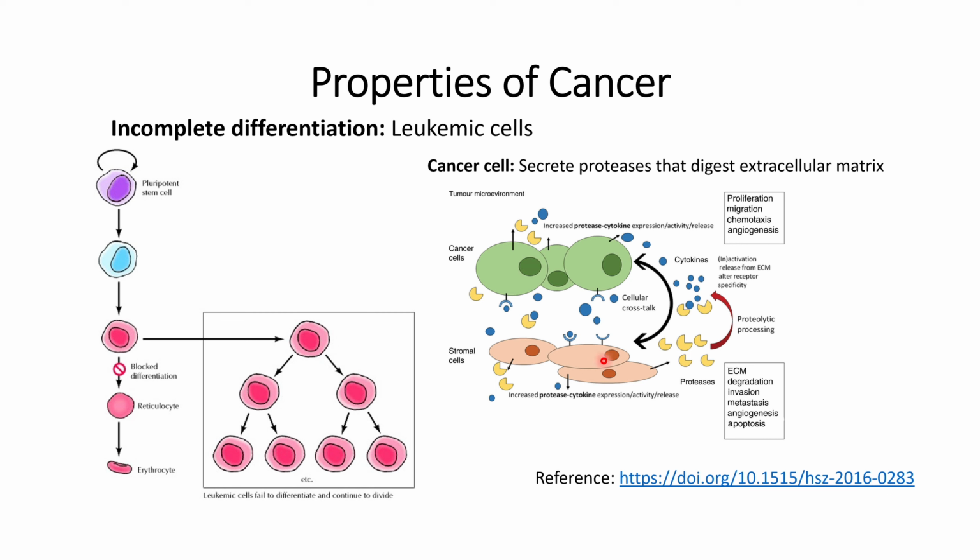This example shows the cancerous cell and the stroma cells, and when the protease is secreted, there is a competition between releasing cytokines and releasing protease. When the protease overtakes the cytokines, it will reduce the cytokines. At the same time, the protease might lead to increased proteolytic activity, and that helps in proliferation of the cancerous cell.